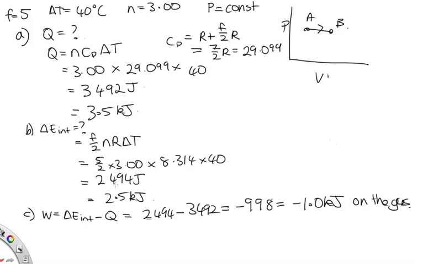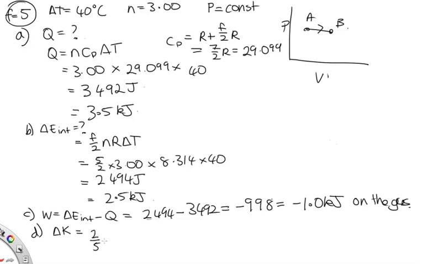And then part D said what was the change in the rotational kinetic energy of the gas. Well, the gas has 5 ways of storing energy because the number of degrees of freedom is 5. So 3 of those ways are translational and 2 are rotational. So the change in rotational kinetic energy is going to be 2/5 of the change in the internal energy.